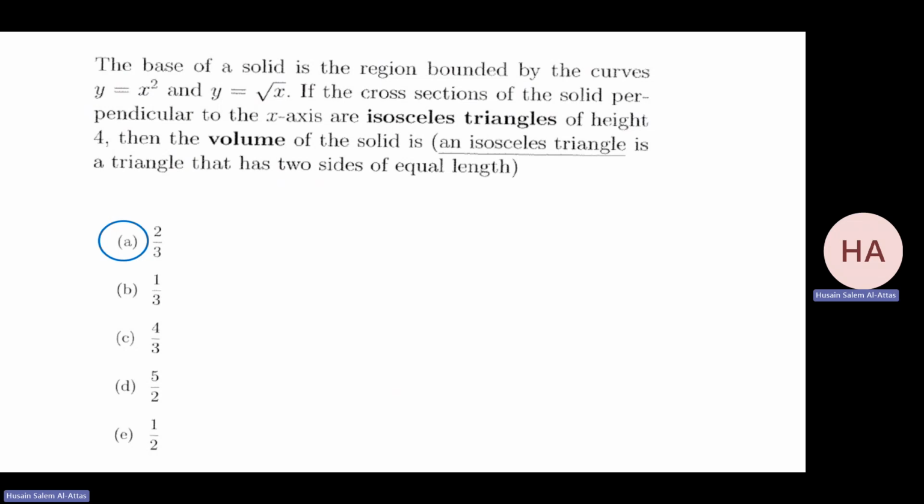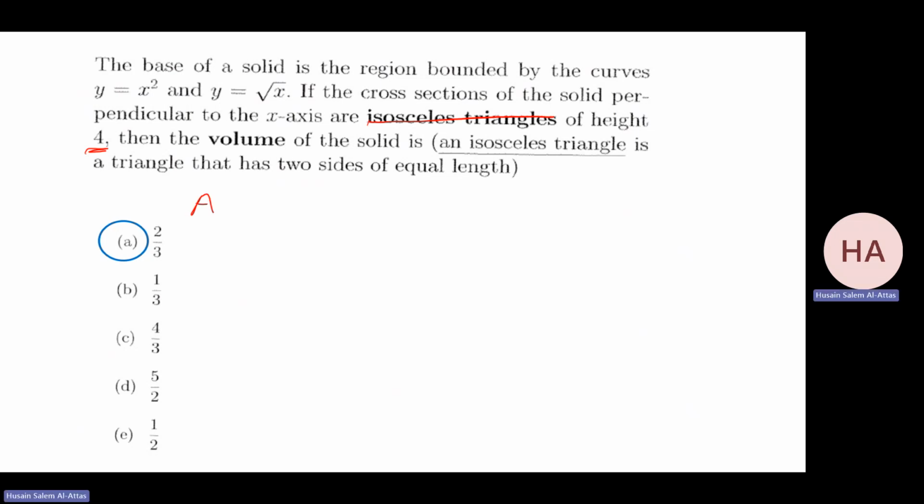Okay, it was bounded by the curve. This isosceles triangle. Yeah, this is a nice one. Let us see what will happen. I have an isosceles triangle of height 4. So what is the area of this isosceles triangle?